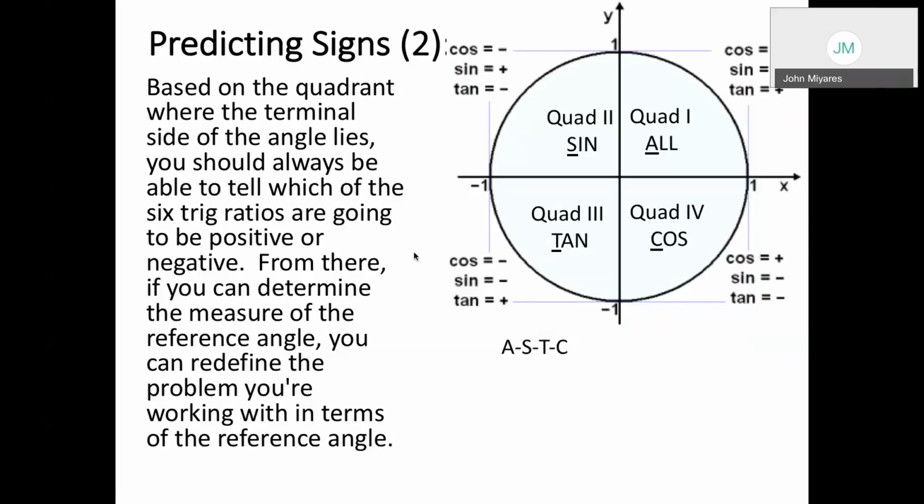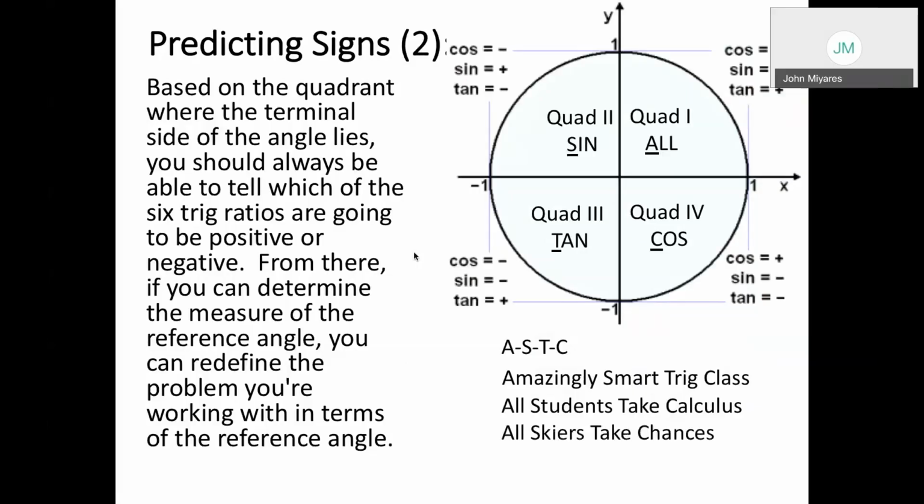Well, a lot of people come up with their own sayings for them, such as amazingly smart trig class, or all students take calculus, or all skiers take chances, or all smokers try cigars, or all stoners try cocaine, or, well, you get the idea. Pick one that works for you and make it stick.